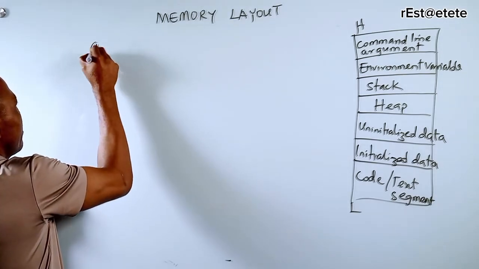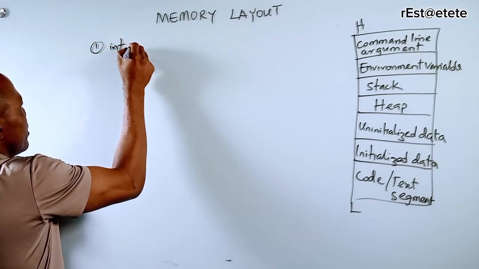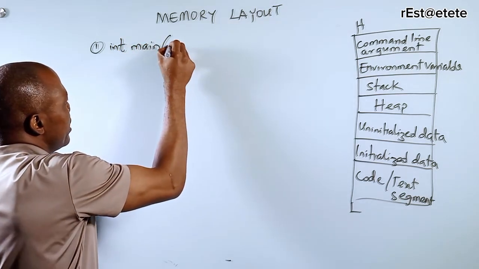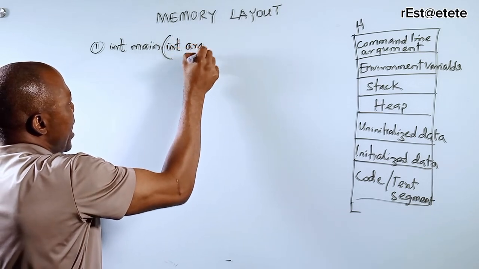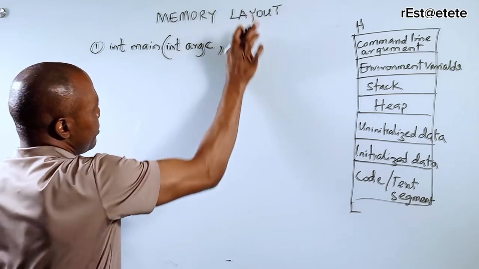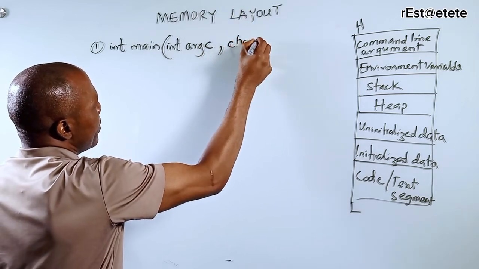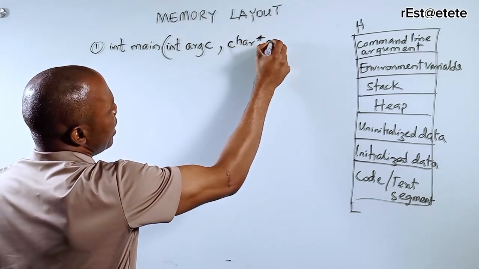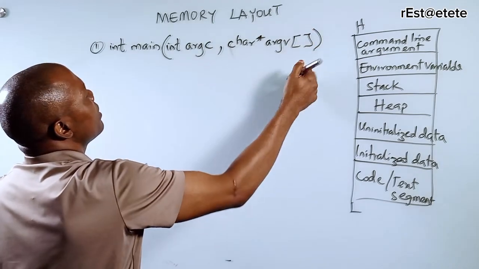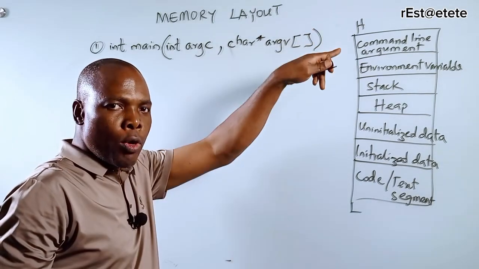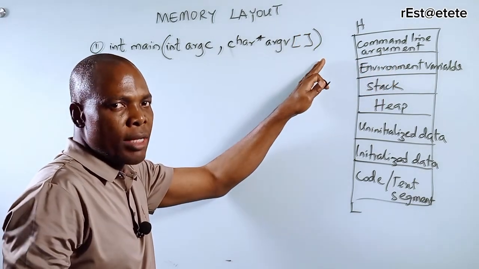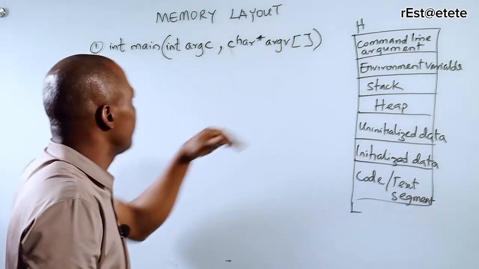I'll say int main, then inside the brackets, int argc, the argument counter, then char pointer argv. Usually there is a third one, which is the environment variable, but the operating system usually hides that. So let's just stick to this.